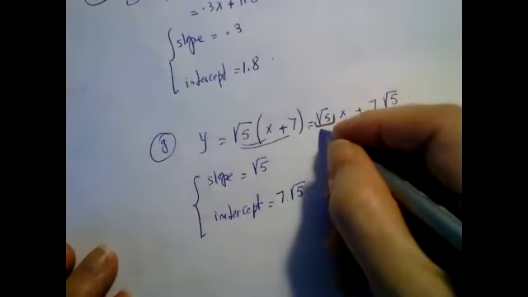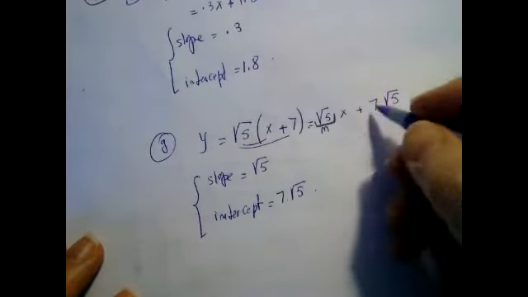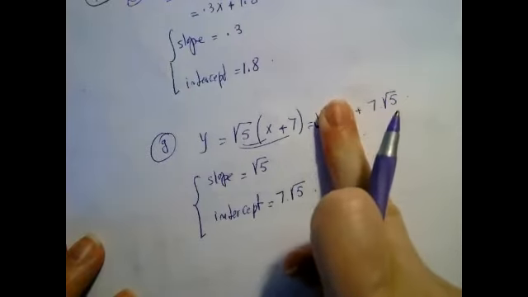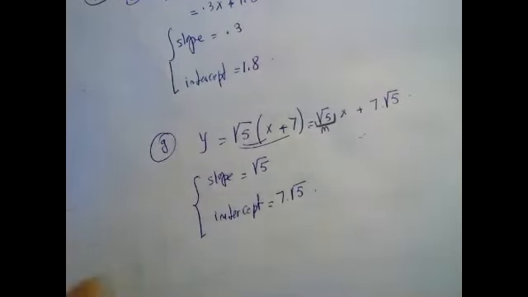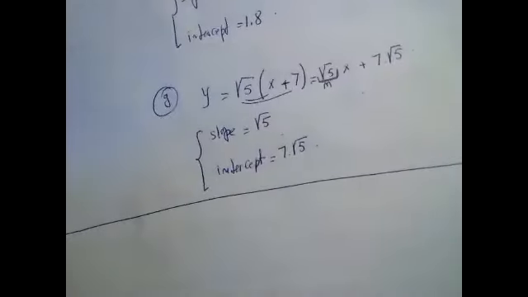So that's my slope, what x is multiplied by. And the intercept is basically the way I like to look at it, what happened when x is 0. I always emphasize that. That's 7 times the square root of 5. Right? Okay. Any other questions?